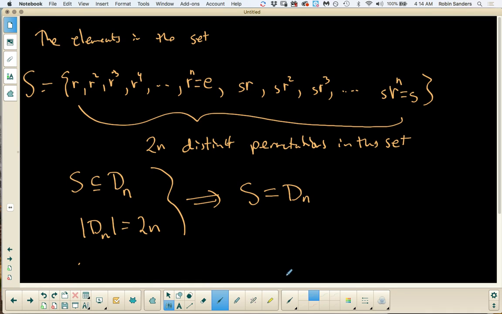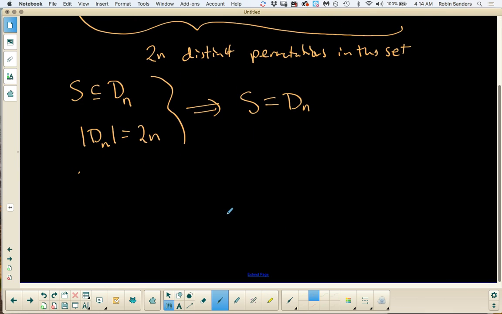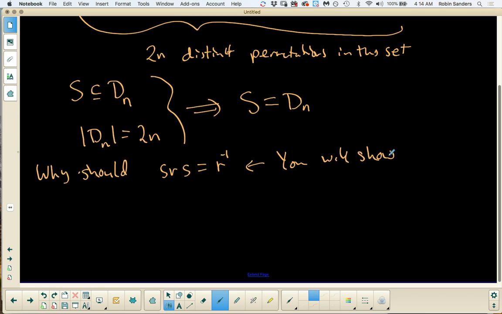And so here, let's look at why S R S should equal R inverse. That's for you to show on the next problem set.